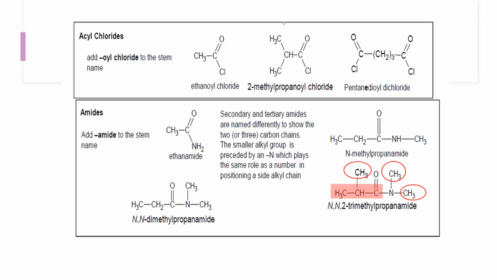So N, and this is attached with the second carbon, so it is 2. And how many methyl groups are there? 3, so that's why it is trimethyl. And propanamide, because 3 carbons, that's why it is propanamide.